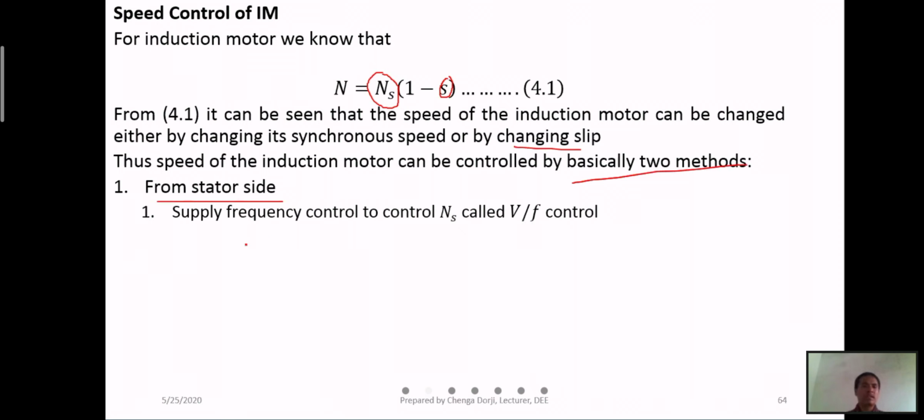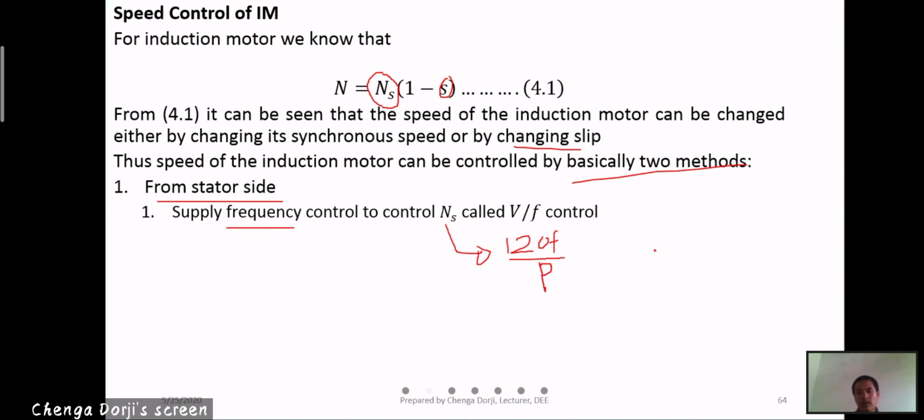From the stator side, you can change the supply frequency to control Ns, because Ns is equal to 120 f by P. Since P and 120 are fixed, Ns is directly proportional to f. So this is supply frequency control.